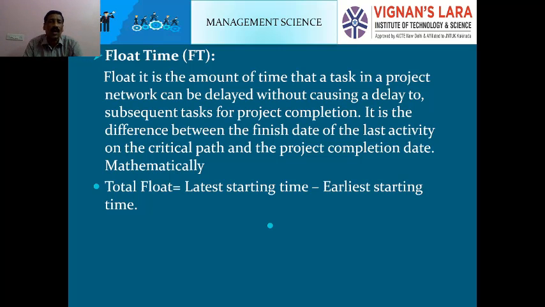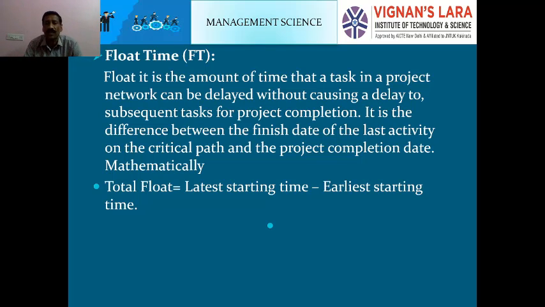Another one is float. Already we know the meaning of float. It is a time delay in any activity, which can be explained within the meaning of event time estimations. Float is the amount of time that a task in a project network can be delayed without causing a delay to subsequent tasks, without changing the total project completion time, which can happen in any one of the activities.